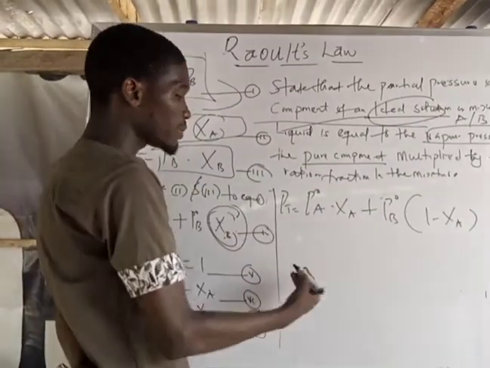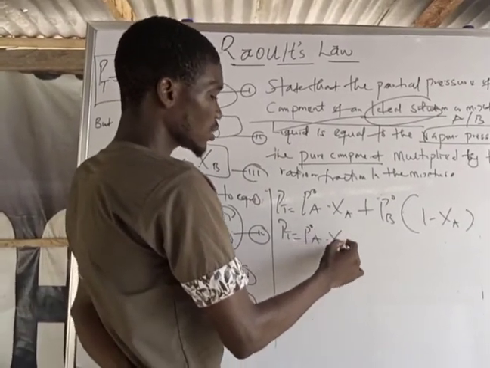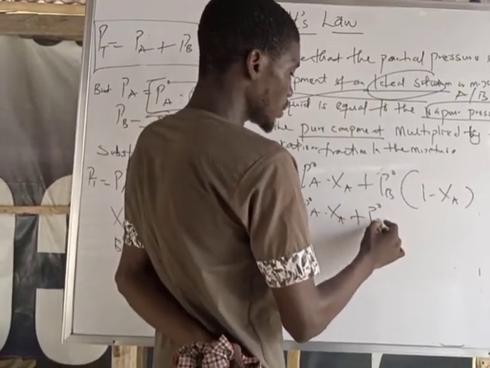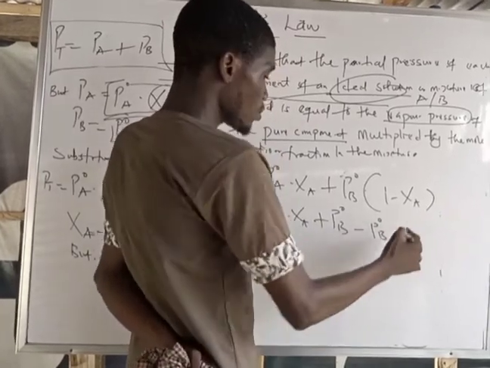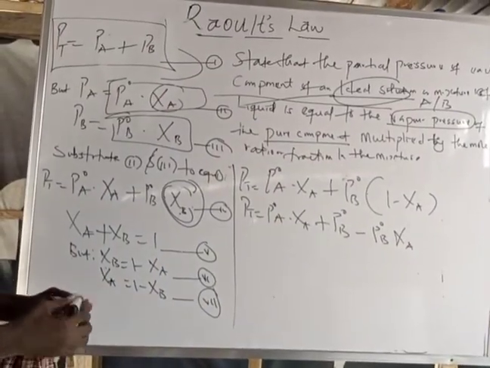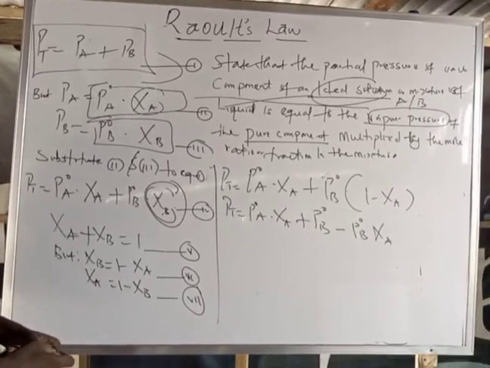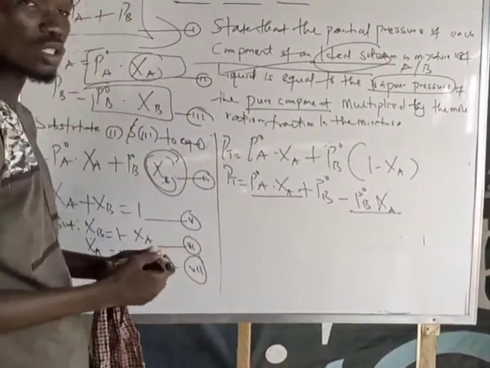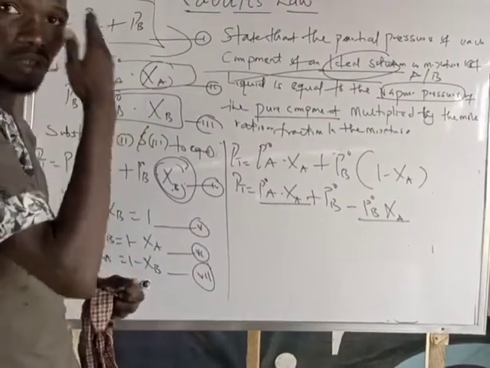So now let's open the bracket. I can say the total partial pressure is P naught A plus this multiplied by this, I'm going to have P naught B minus P naught B mole fraction of A. So with this now, we have to rearrange. We bring or collect like terms. You can see that both have the same mole fraction.